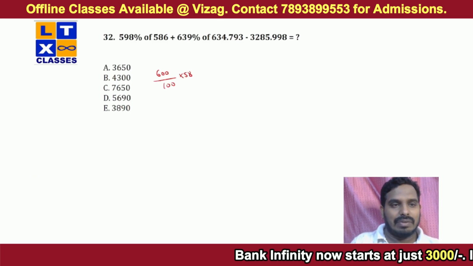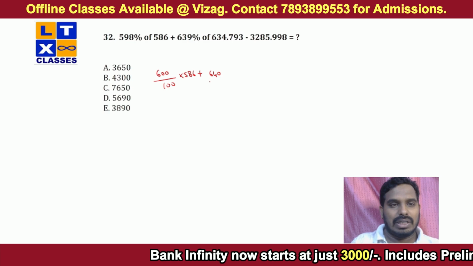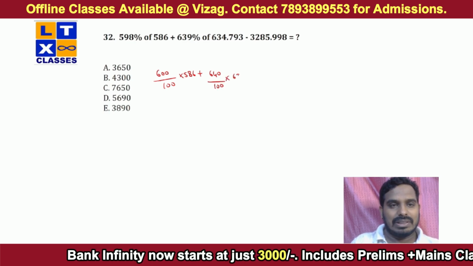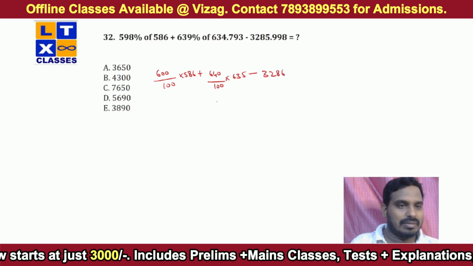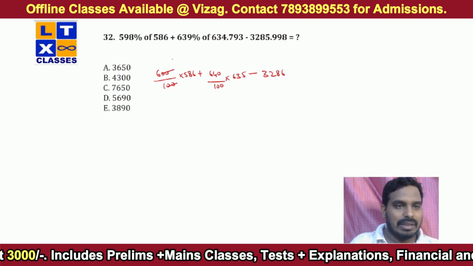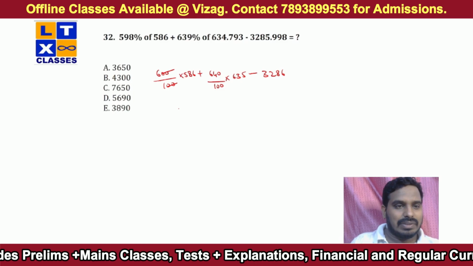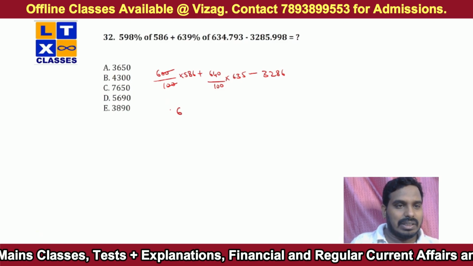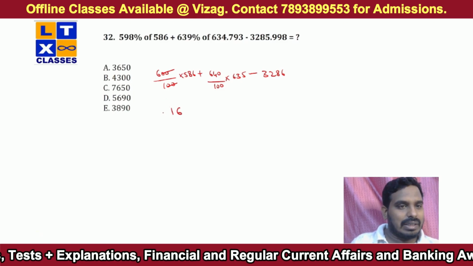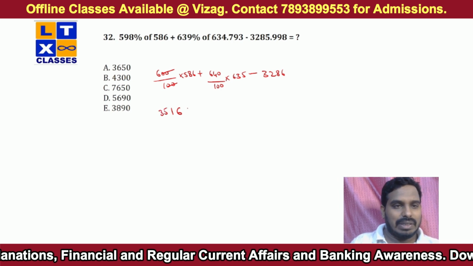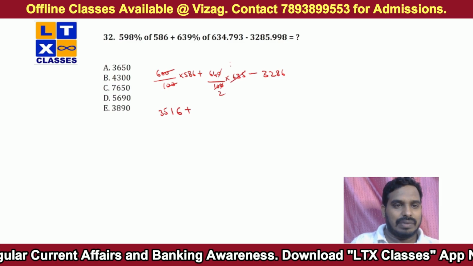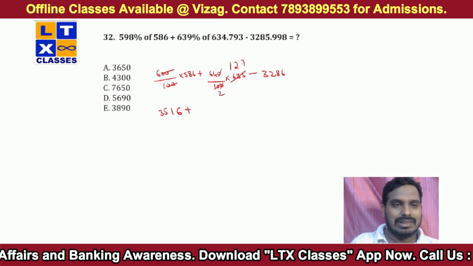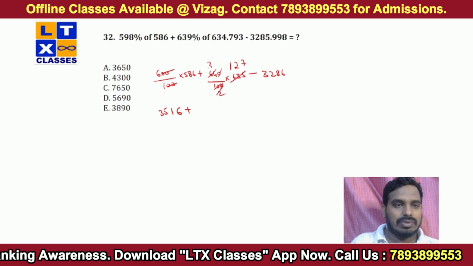Now the next one, 600% of 586 plus 640% of 635 minus 3286. Now this will be 6 into 586, which is 3516, plus the 0s get cancelled, 32 into 127.